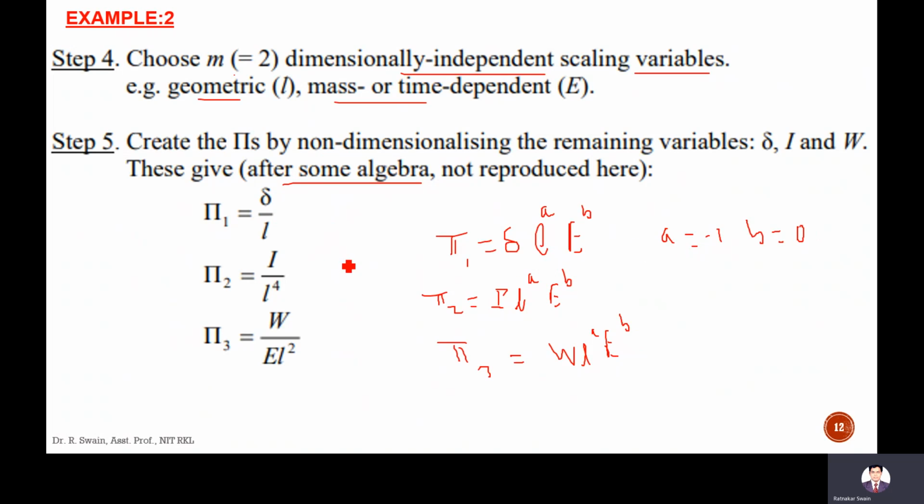So we get delta by L. Here A will be -4, B will be 0, so it will be I divided by L to the fourth. Here A will be -2 and B will be -1, so it will be W by E L square. If we write the basic dimensions, then we can solve these A, B, C.